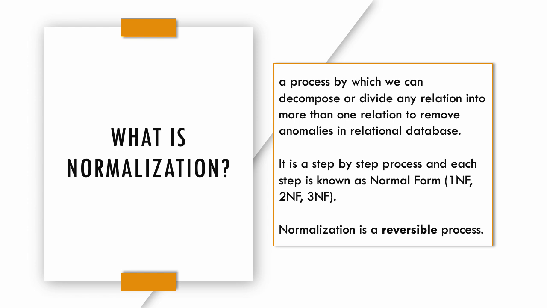Okay, so we have some steps. The first is the first normal form. The first normal form will ensure that each column contains only atomic values, or indivisible values, with no repeating groups. And then for the second normal form, we build on the first normal form by ensuring that all non-key attributes are fully dependent on the primary key, reducing the redundancy.